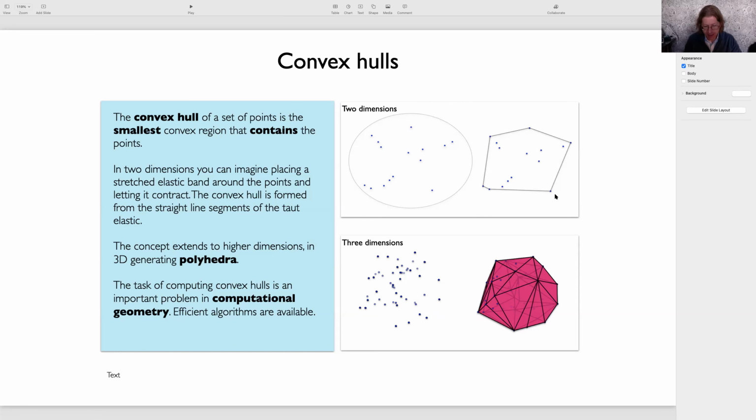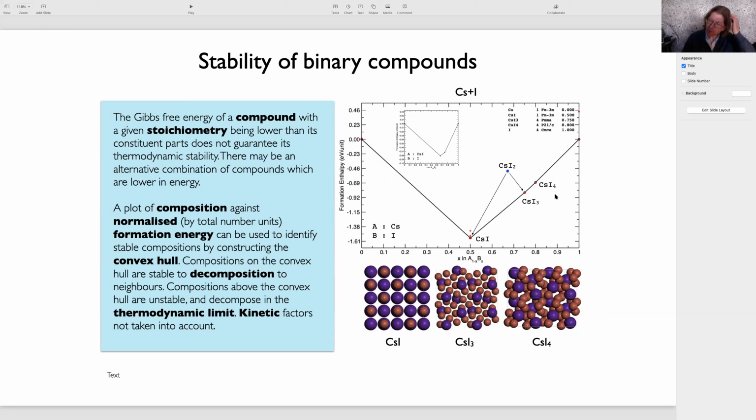So why are we interested in this? Well, this comes to one of the key uses of thermodynamic data when you're doing high throughput computation, and that's the assessment of stability of different compounds. There is a construction, also known as the Maxwell construction, which allows you to graphically identify which are the stable compositions of a particular chemical system.